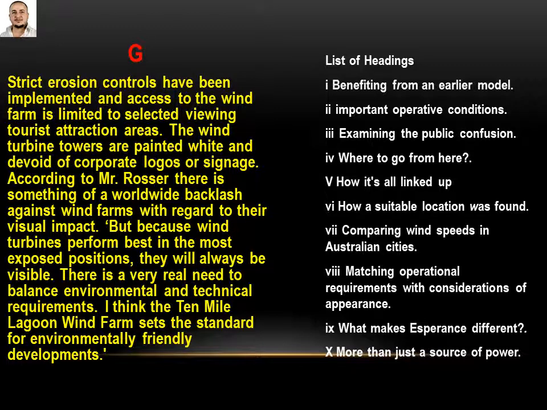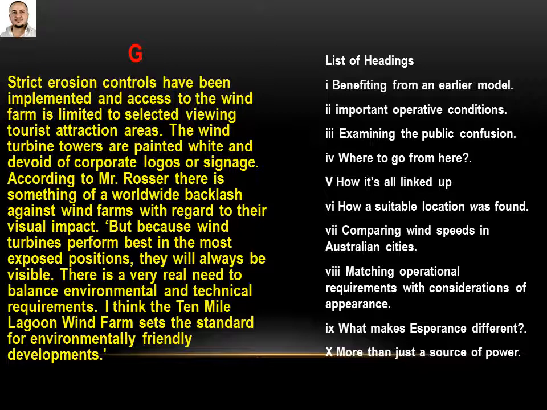Paragraph G. Strict erosion controls have been implemented and access to the wind farm is limited to selected viewing tourist attraction areas. If you remember when we have just read the list of the headings, we said appearance means nature, view, these things.